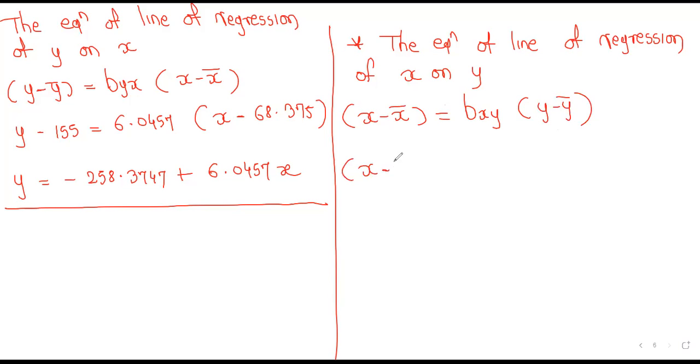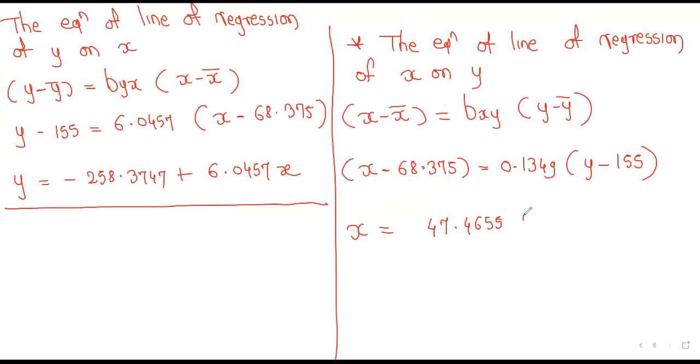So x minus 68.375 is equal to bxy, 0.1349, and y minus 155. So after simplifying, we get x is equal to 47.4655 plus 0.1349y. आपण इक्वेशन काय लिहिलं तर the equation of line of regression of y on x is y is equal to a plus bx and x is equal to a plus by.